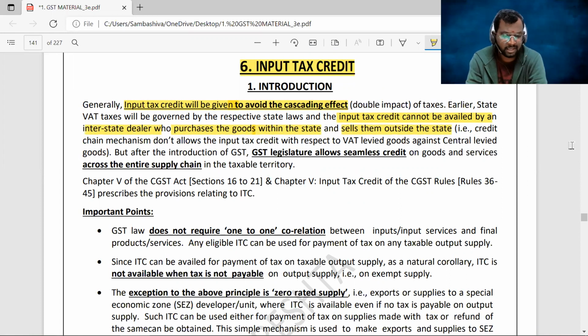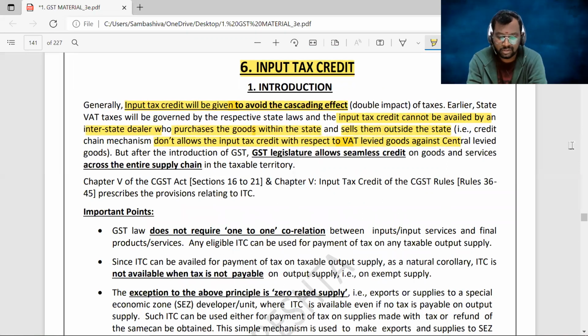That is, the credit chain mechanism didn't allow the input tax credit with respect to VAT levied goods against central levied goods. So that means non-integration of state taxes with central taxes.